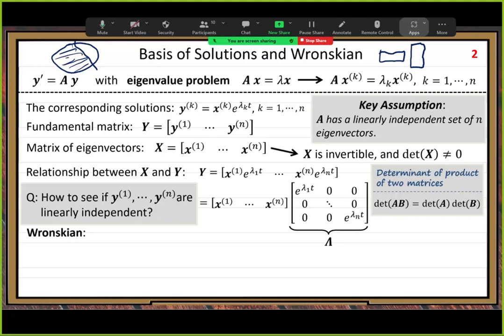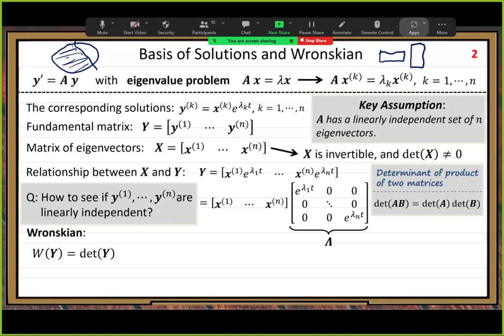So that's the reason we bring the Wronskian concept here. Based on the Wronskian definition for this homogeneous linear system, it equals the determinant of Y.